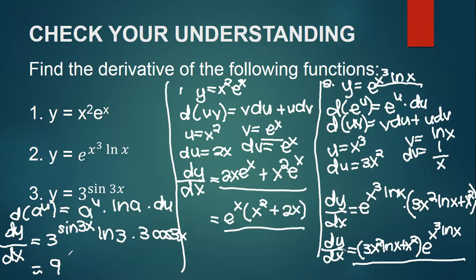So 9 times 3 raised to sine 3x, then cosine 3x, ln of 3. Okay, this is the answer for number 3. Did you get all 3 items correct?